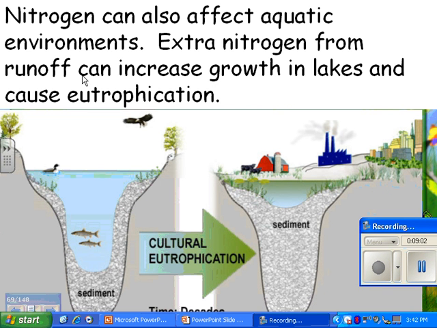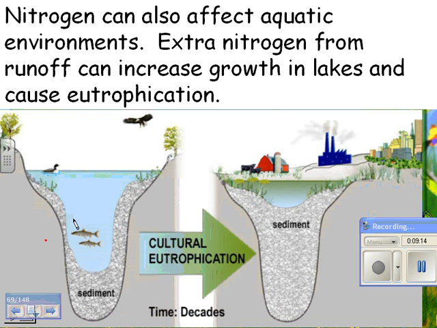Extra nitrogen from runoff, that means you put fertilizer on your grass or on a farm, on a field, and it gets into the water. That can cause increased growth in lakes and cause eutrophication. So this would be a regular pond, and there's a little bit of sediment just from normal runoff that happens when there's a rainstorm and soil is brought here.